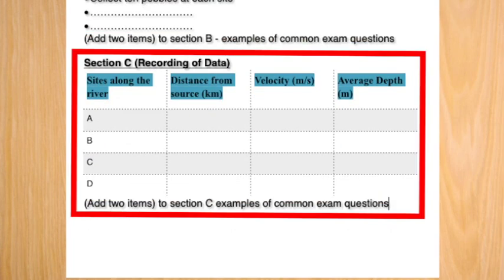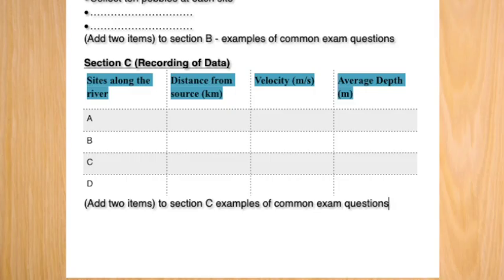In section C, you now draw a table where you record the data, and the table must be able to accommodate the type of data well so that you can extract it accurately for proper presentation and interpretation. During measurements, the results are recorded and presented in various graphs and analyzed.